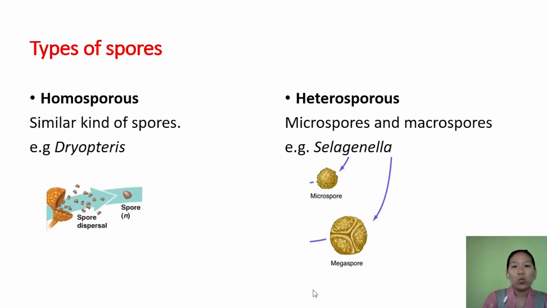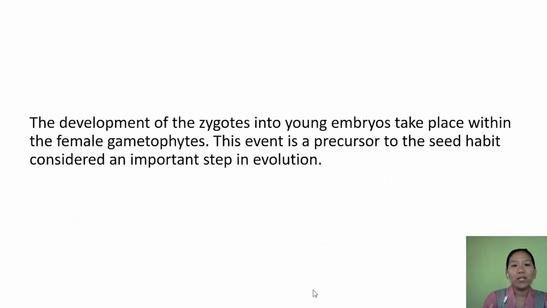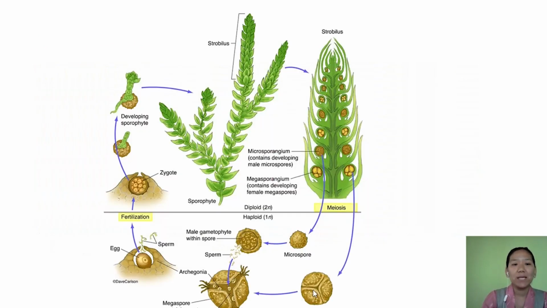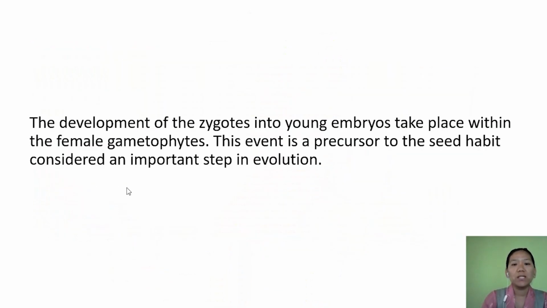Now this development of the zygote. After fusion of gametes, zygote development takes place in the body of the female here, which is a precursor to the seed habit. So in the case of pteridophyte, even though they are true land plants, they do not produce seed.